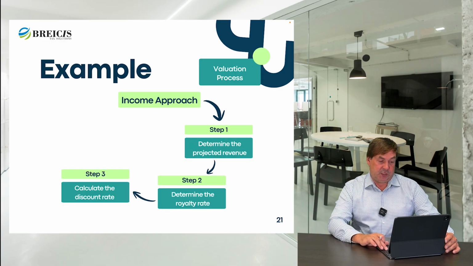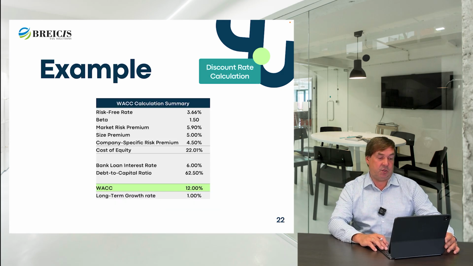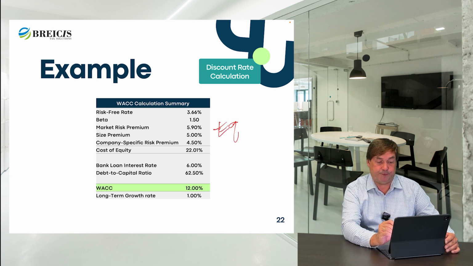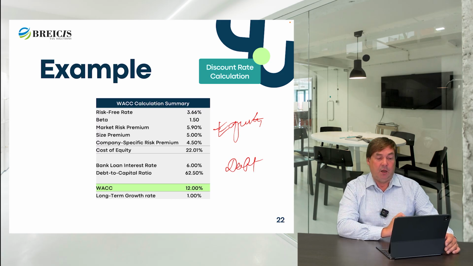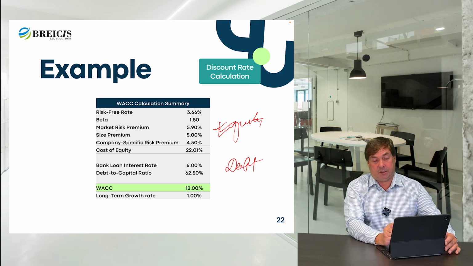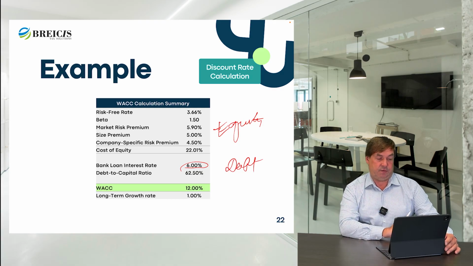So the discount rate is calculated to find out the net present value of the future revenue stream. We have to calculate the discount factor, which is based on the weighted average cost of capital: the cost of equity capital and the cost of debt capital. Regarding debt capital, it's very easy, it's like a short-term interest rate.